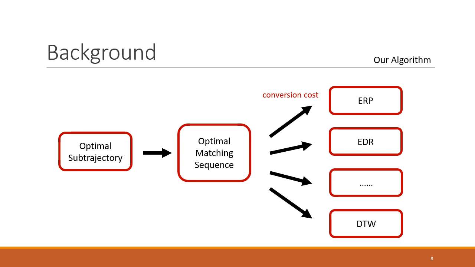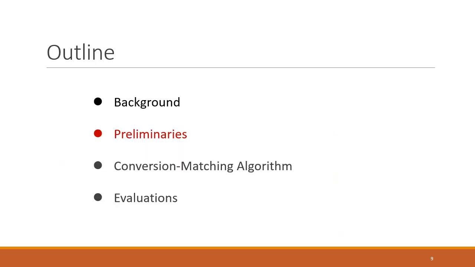Instead, we transform the problem into finding the optimal matching sequence. Each distance function may have different costs associated with the same matching sequence. To address this, we provide an iterative formulation for computing the optimal subtrajectory using dynamic programming for each distance function.